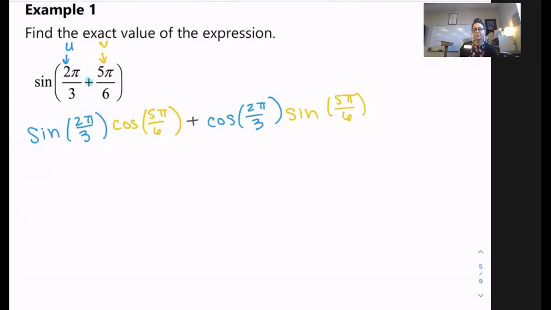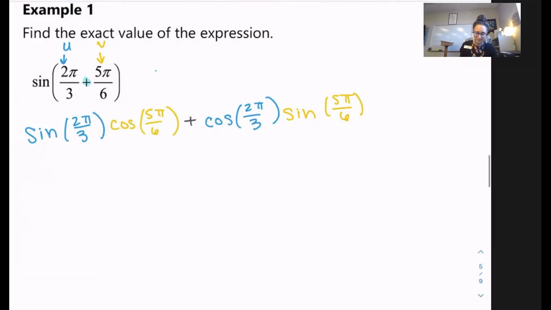All right, so now we can evaluate these last pieces on the unit circle, okay? So 2 pi over 3, that is in which quadrant? 2 pi over 3 is in quadrant 2, closer to which axis? Denominator of 3, so closer to the y, okay?